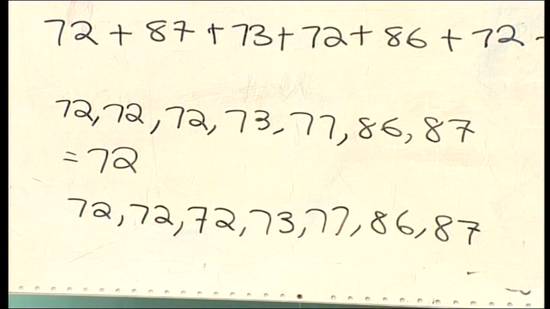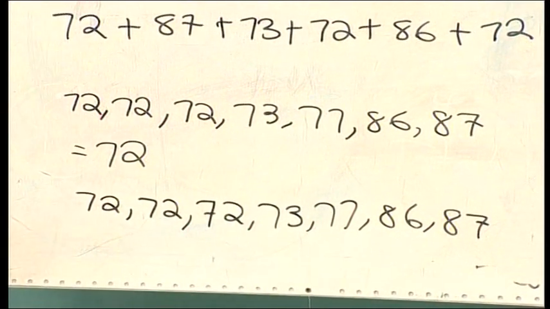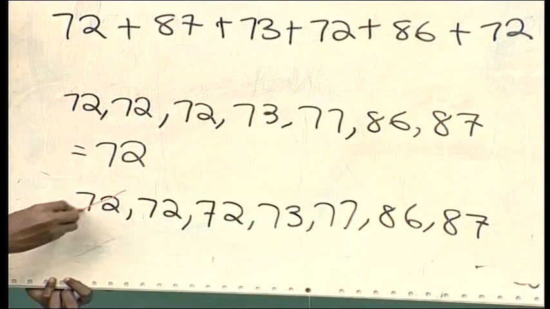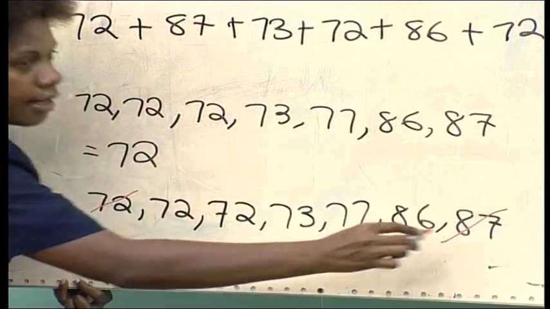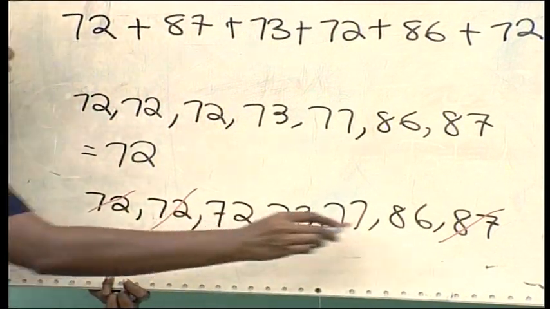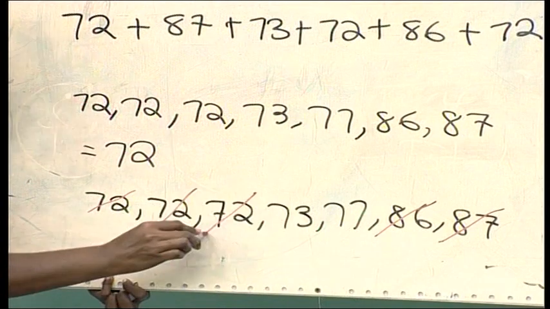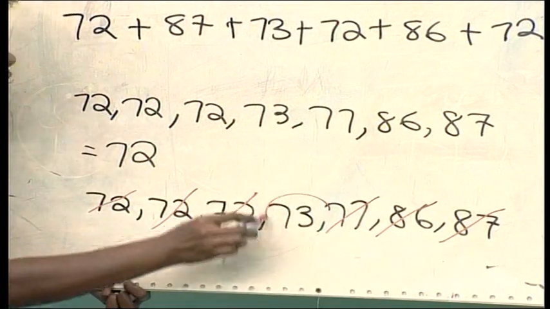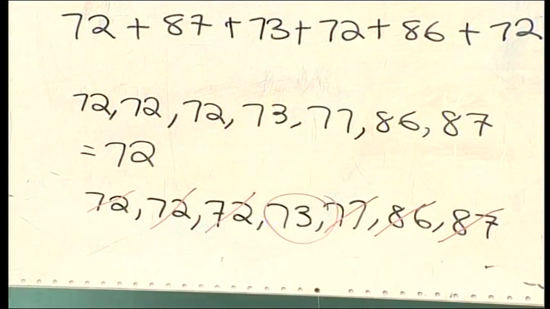Okay, we cancel this side, this side, this side, and 73. Okay, 7Os and receiving students, so your median is 73.